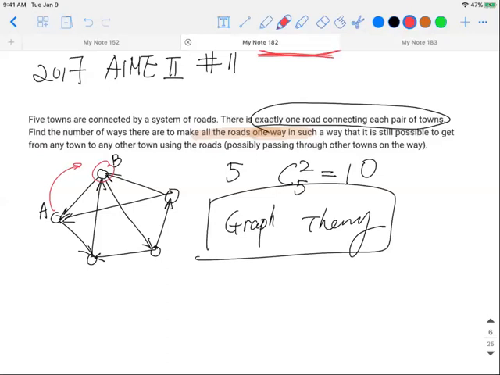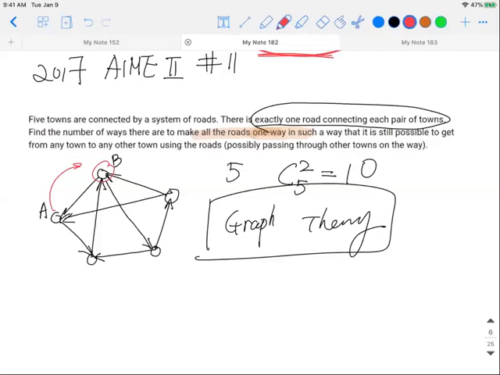If you want a negative example, who can tell me what kind of arrangement guarantees there's no way to jump from one town to another? Tell me what arrangement makes sure this does not happen.